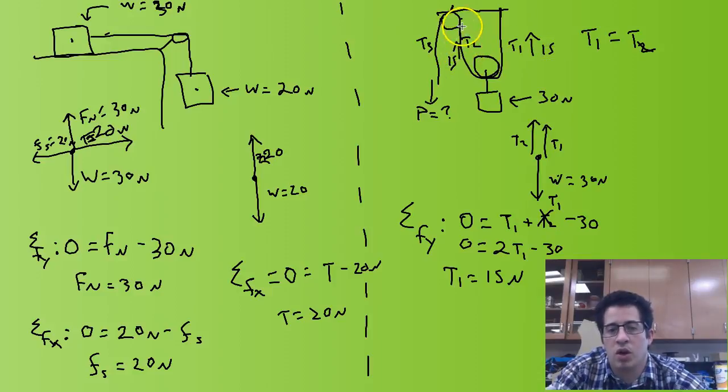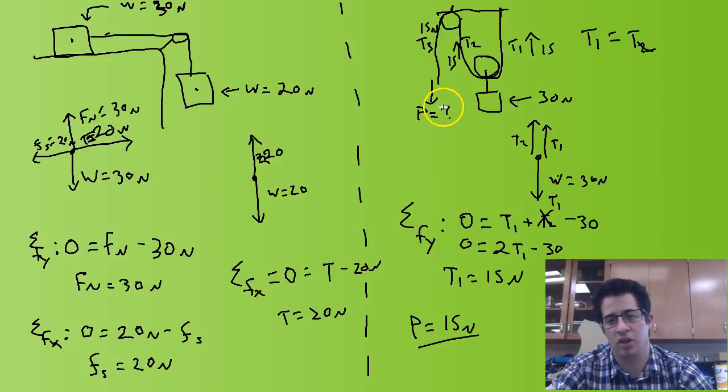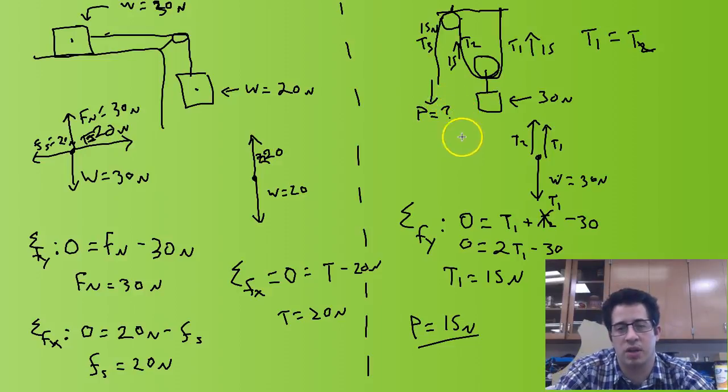Well, given what we know, if we're pulling up 15 this way, the same amount of tension here would be the same as the tension right here on the other side, so it would be 15 over here too, which means that the pull would be equal to a total of 15 newtons of force. Okay, and so here someone is actually able to suspend something that has a weight of 30 newtons by only applying 15 newtons of force.